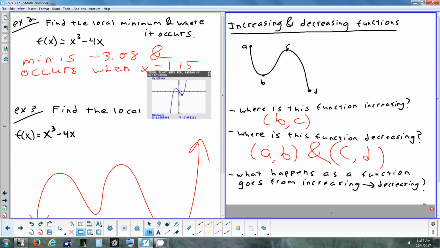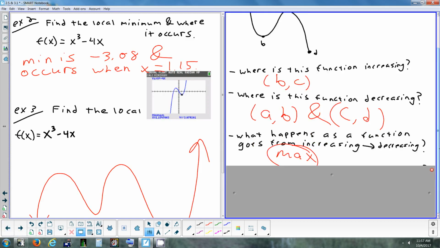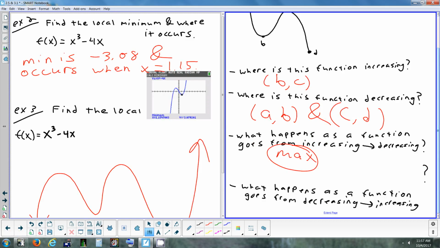Anytime you go from increasing to decreasing, you get a max. And if you flip that around, going from decreasing to increasing, you get a minimum.